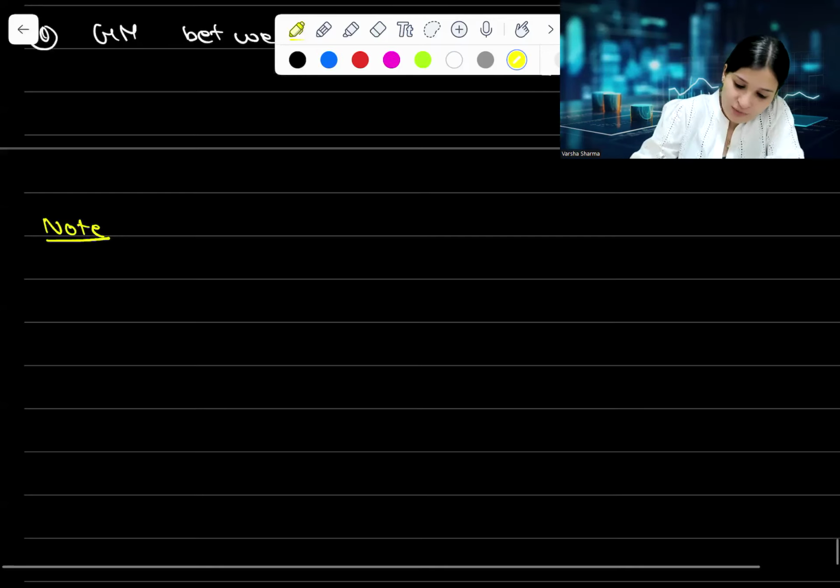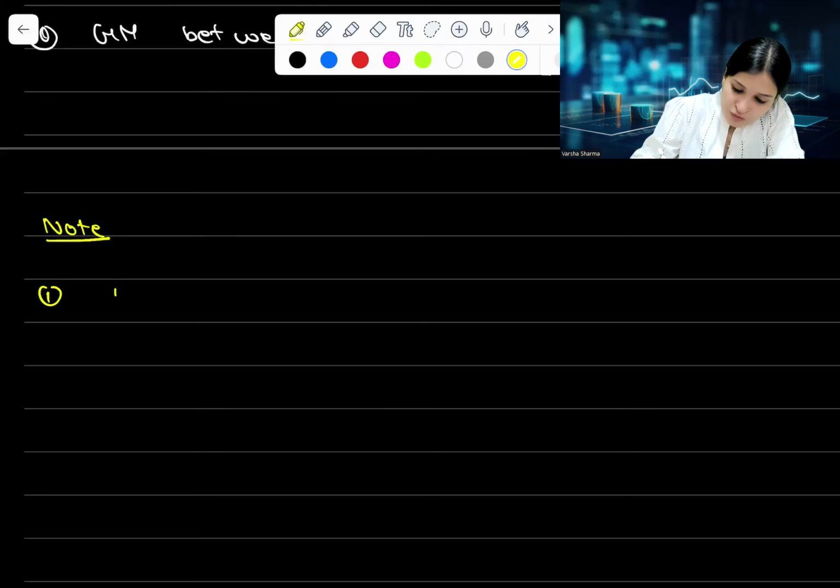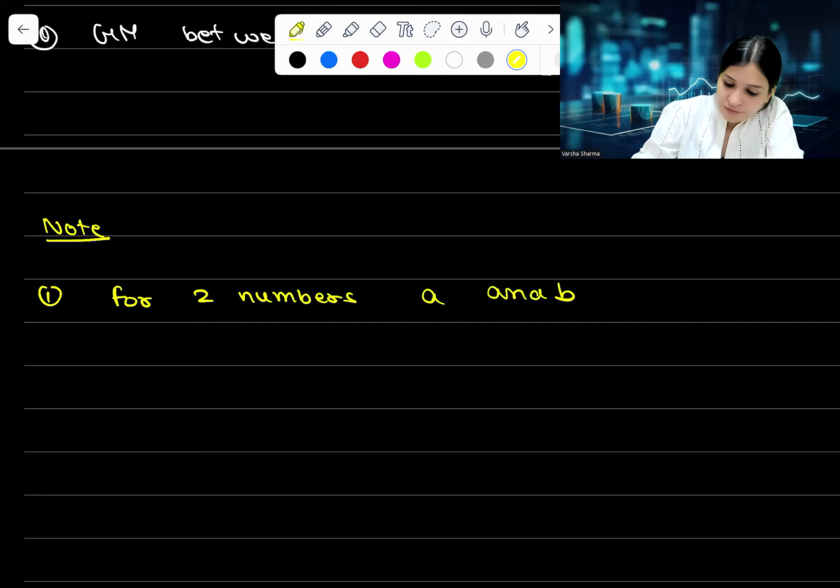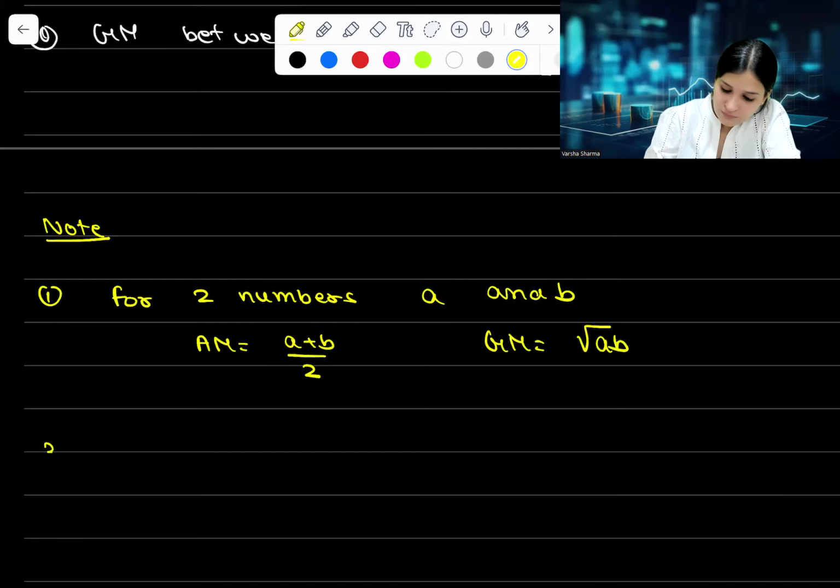Note number one: for two numbers A and B, arithmetic mean is A plus B by 2. Geometric mean is root over AB.